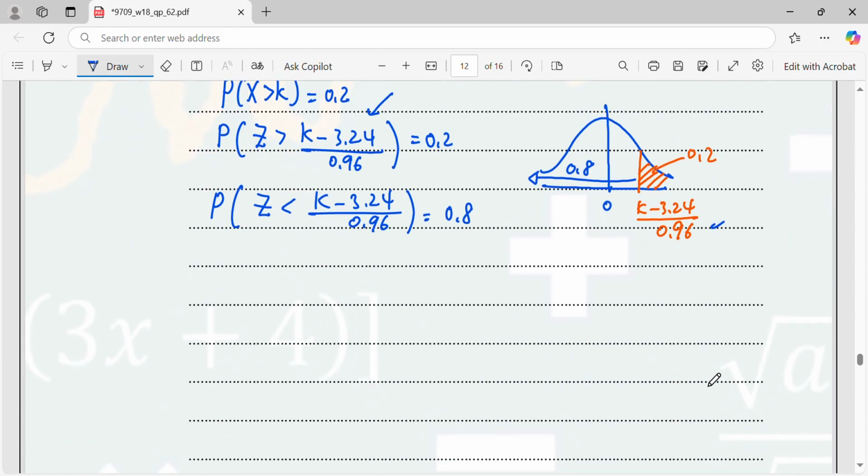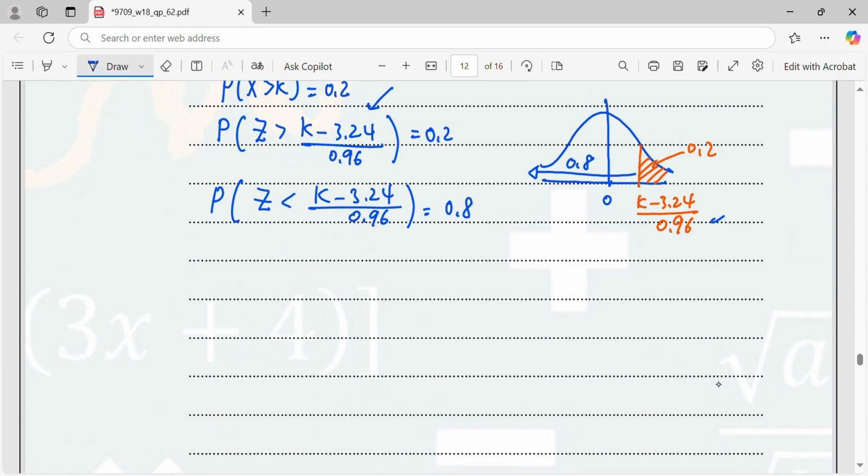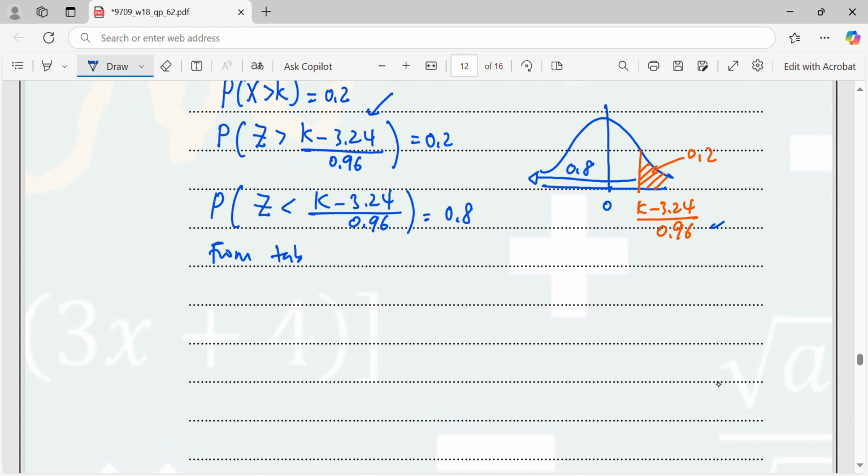Okay, so now when you read the table, from the body of the table you read 0.8, and you get the z value from the first column and also the first row in your table. So from the table, P(Z < 0.842) is 0.8.